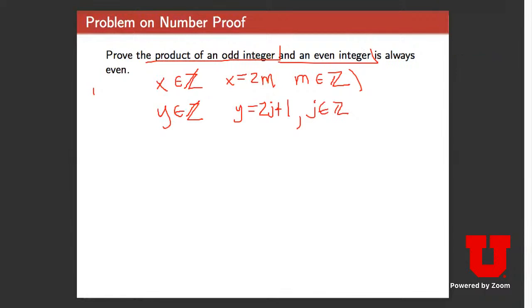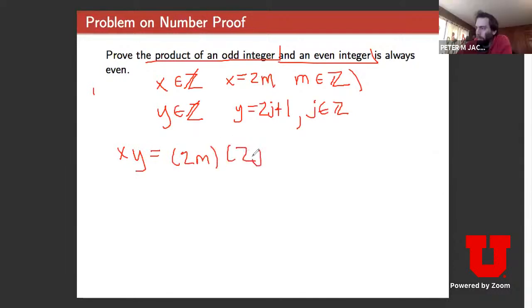I would start by multiplying 2m and 2j plus 1, and then mess with it for a while, and eventually it should work. Yeah, so that's the right strategy. So we want to show that x times y is even, and we have these two quantities here, and even numbers are 2 times an integer.